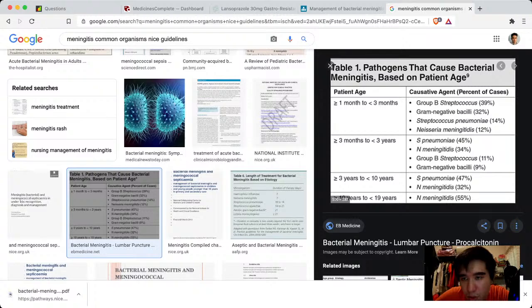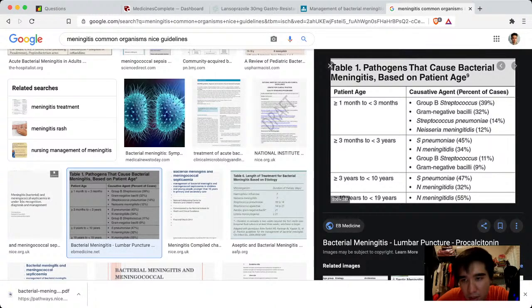So less than 3 months: GBS, E. coli, gram-negative bacteria, and listeria. Where's the listeria? Not here. But if you see the rash, it's definitely Neisseria, right?